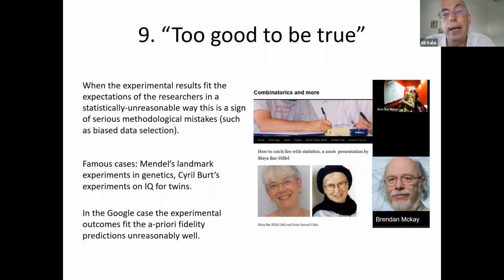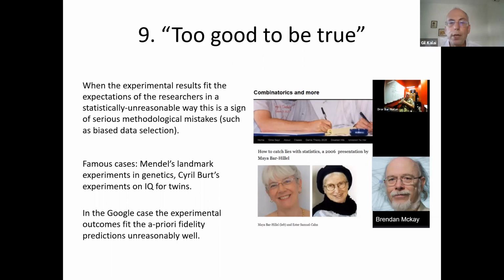And then later, Maya Bar-Hillel, one of the co-authors of this 20-year-old study, led a project about the possibility of systematically using statistics to find mistakes in statistical experiments. And she had a catchy name for it, "How to Catch Lies with Statistics," at a certain conference for Esther Samuel-Cohen.